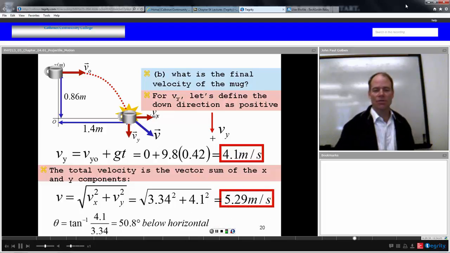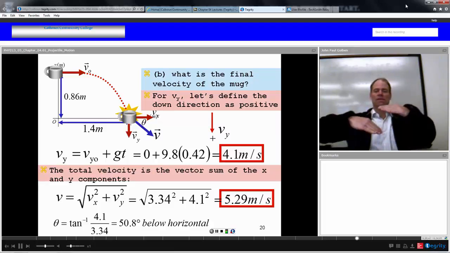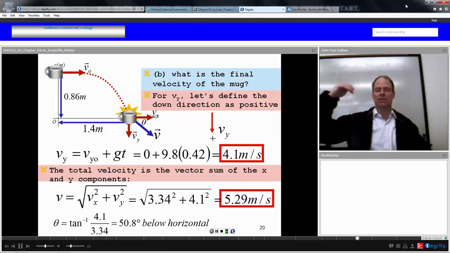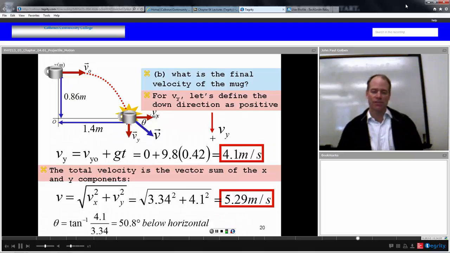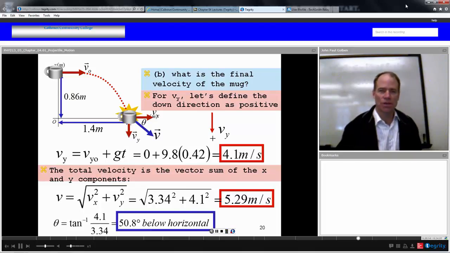Our angle will be inverse tangent of our y over our x. 4.1 divided by 3.34, inverse tangent is 50.8 degrees, and that'll be this angle below the horizontal. So we're going to hit at an angle of 50.8 degrees below the horizontal when we hit the ground.